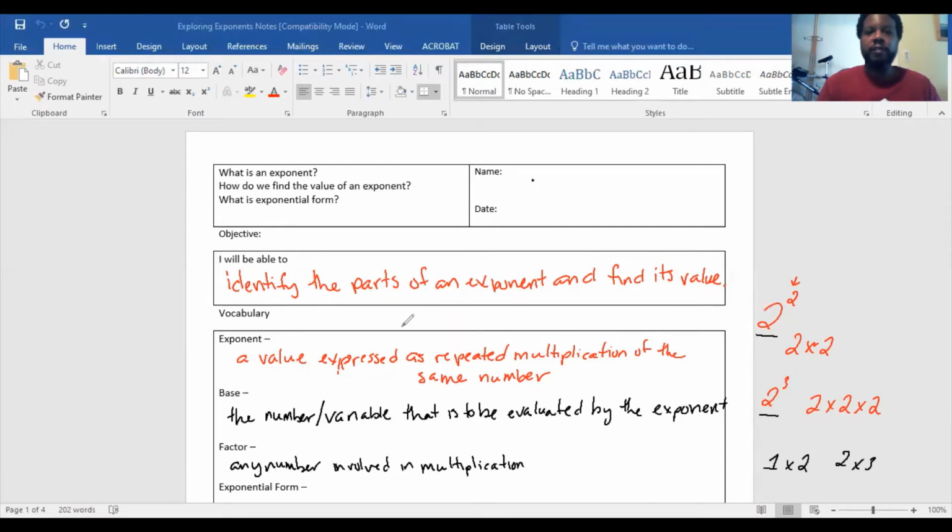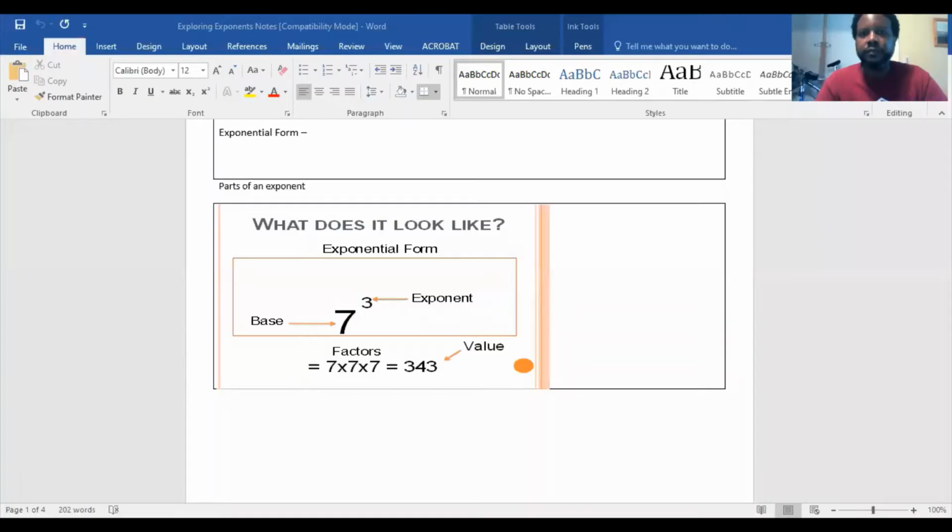I'm going to move my page up so that we get to the other parts. All right, so exponential form is the form that we see in front of us in the example on the next page, but we're going to talk about what exponential form is.